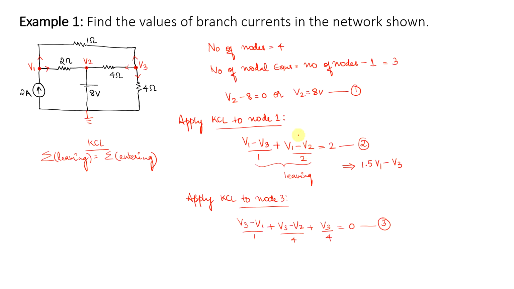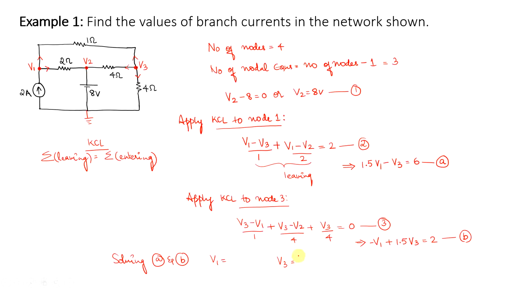Minus 4 when it goes to the right hand side becomes plus 4, so 2 plus 4 becomes equal to 6. Let me name this as A. Okay, so on simplifying, this is equation B. So solve equations A and B and compute the value of V1 and V3.